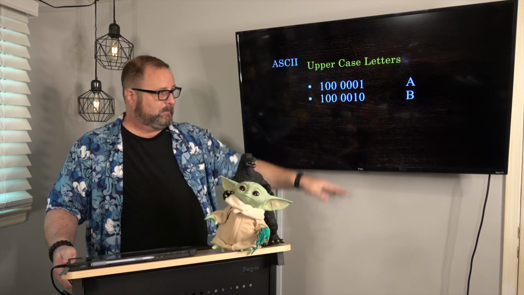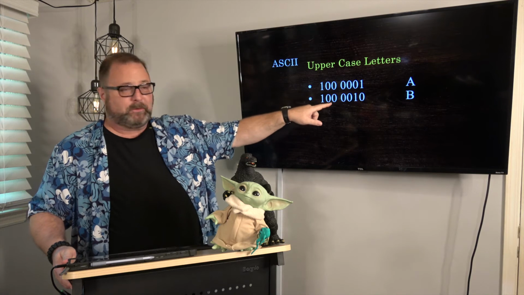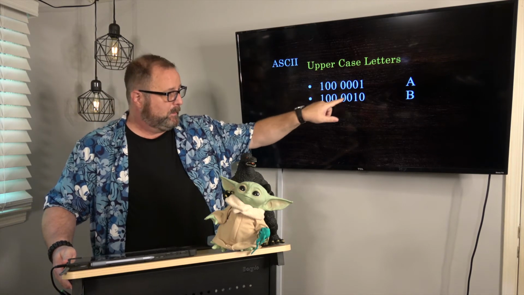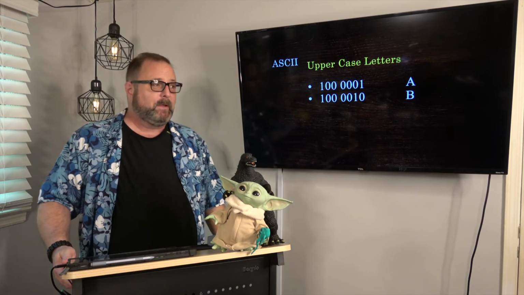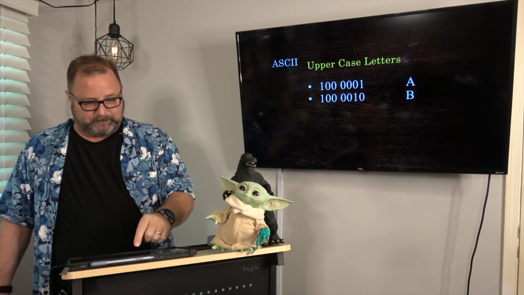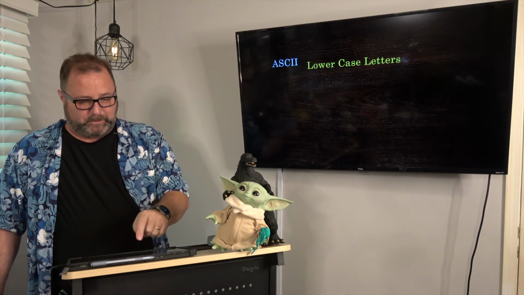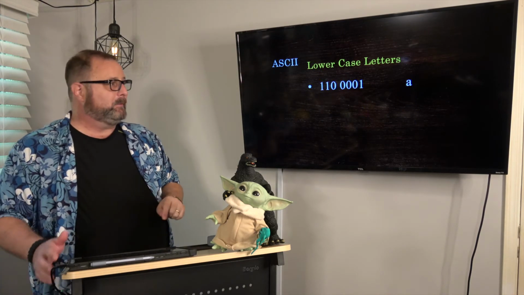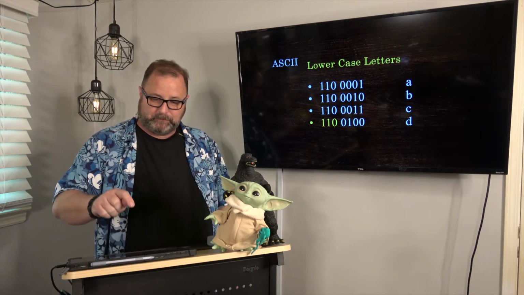Okay, now it works most of the way through the alphabet. But the bottom line is 100 and then 1, 2, 3, 4, 5, 6, 7, all the way down, you get the pattern, right? Okay, and if it was a 110, you were getting a lowercase, and the pattern continues.